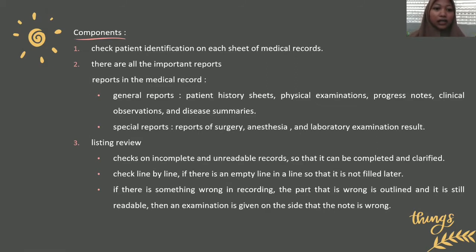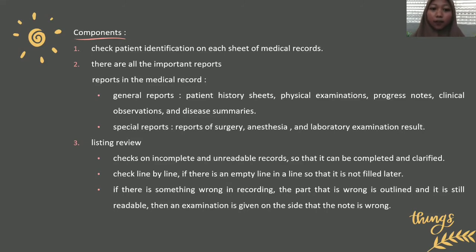Two, check all the important reports. This component will check the reports of the service activities provided whether there is or does not exist. There are two reports in the medical record.